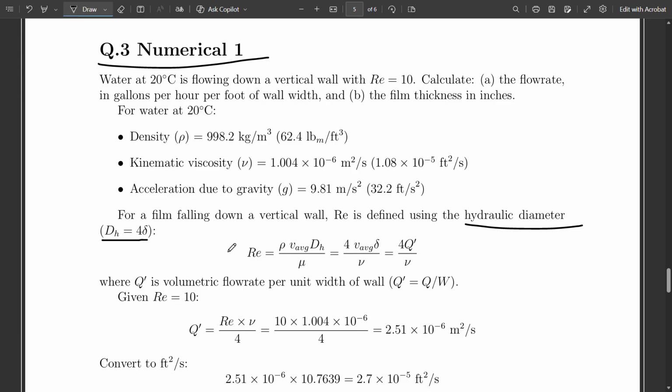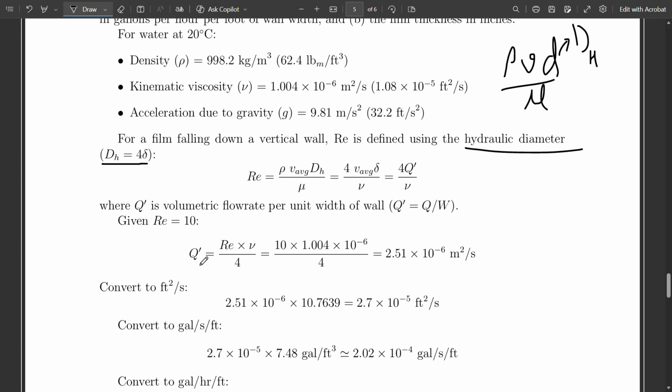So our Reynolds number is given as rho V d by mu, where this diameter is the hydraulic diameter, which is equal to 4 delta. Now substituting all the values given above, we get the volumetric flow rate per unit width of the wall.